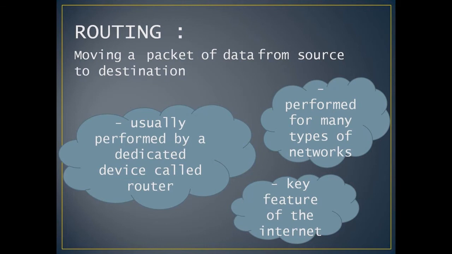It is also known as the process of selecting a path for traffic in a network or across multiple networks. So routing involves not just one single network, but multiple networks.